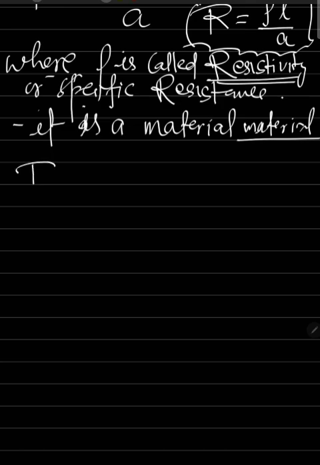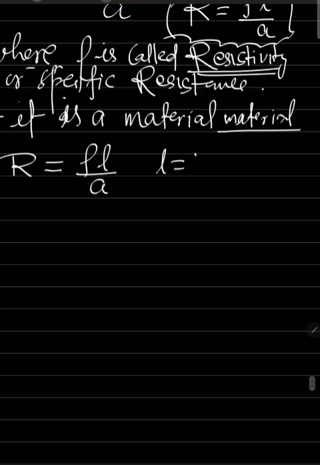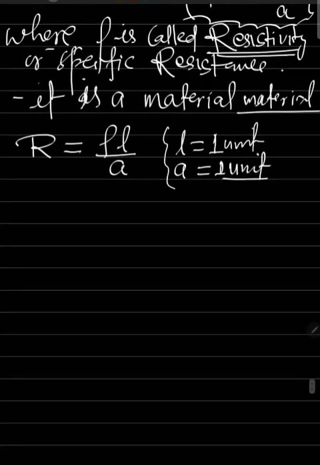Now through this expression we can define resistivity. R is equal to rho L by A. Suppose a conductor whose length is 1 unit and whose cross-sectional area is also 1 unit.